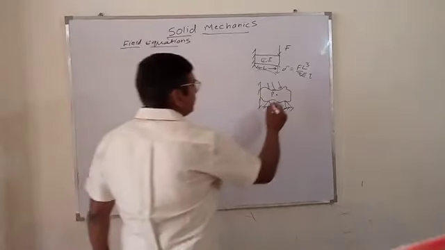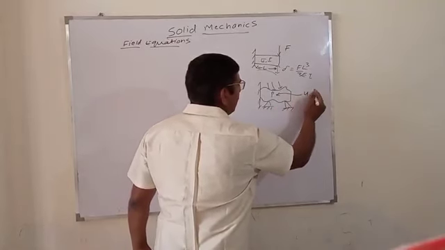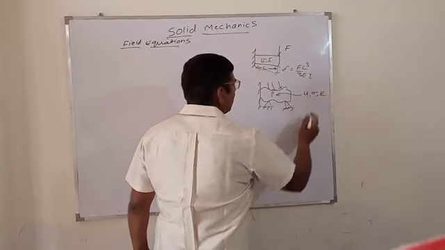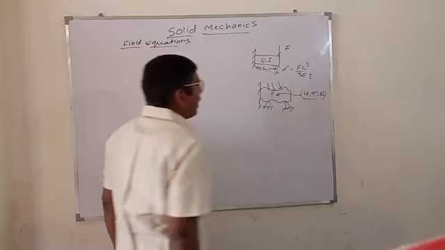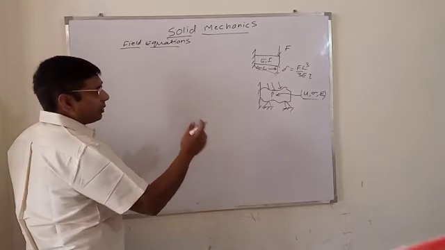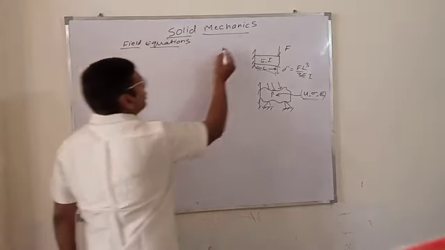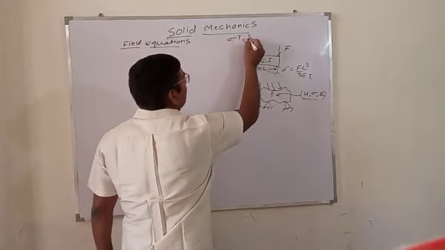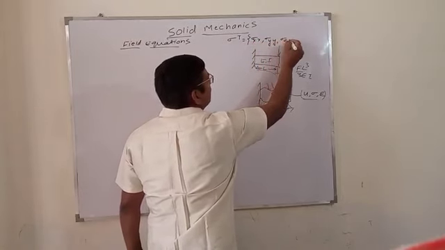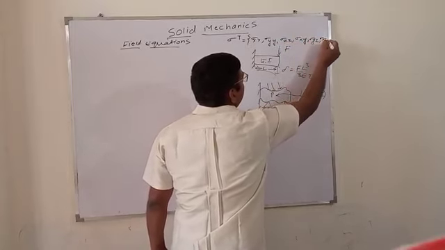So here we will see how to find out these stress, strain and displacement components. These are the unknowns we have. Stress has components sigma xx, sigma yy, sigma zz, then sigma xy, sigma yz and sigma xz.